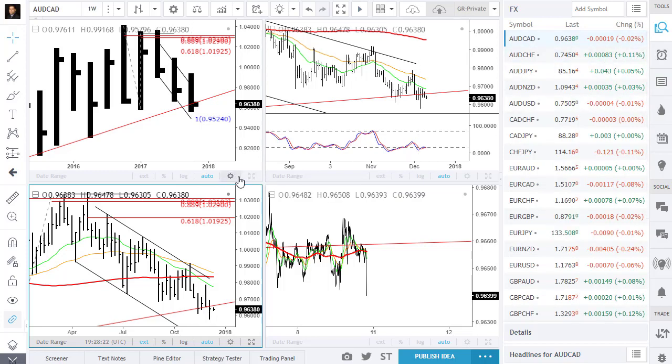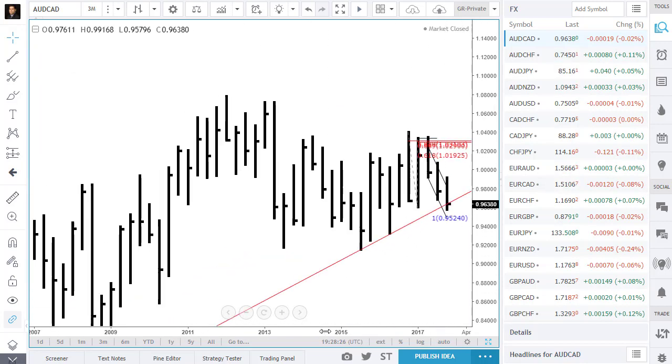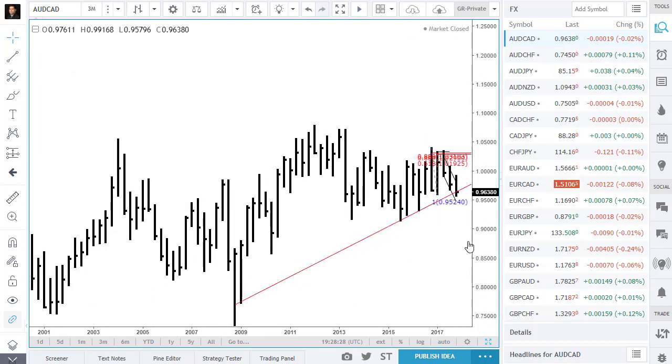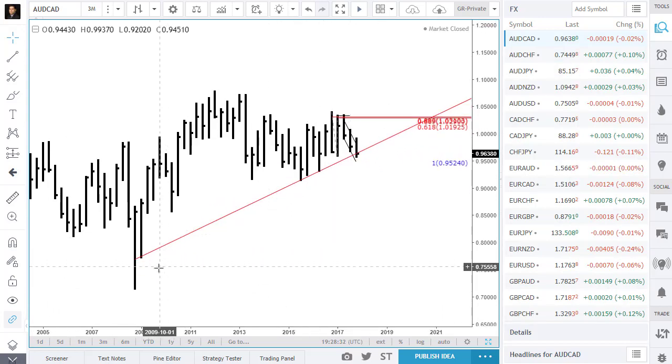When you take a look at your longer time frame here, this is your quarterly chart. What I'm paying attention to is this trend line that I've illustrated. On the furthest bar to the right, we are at this level of support.